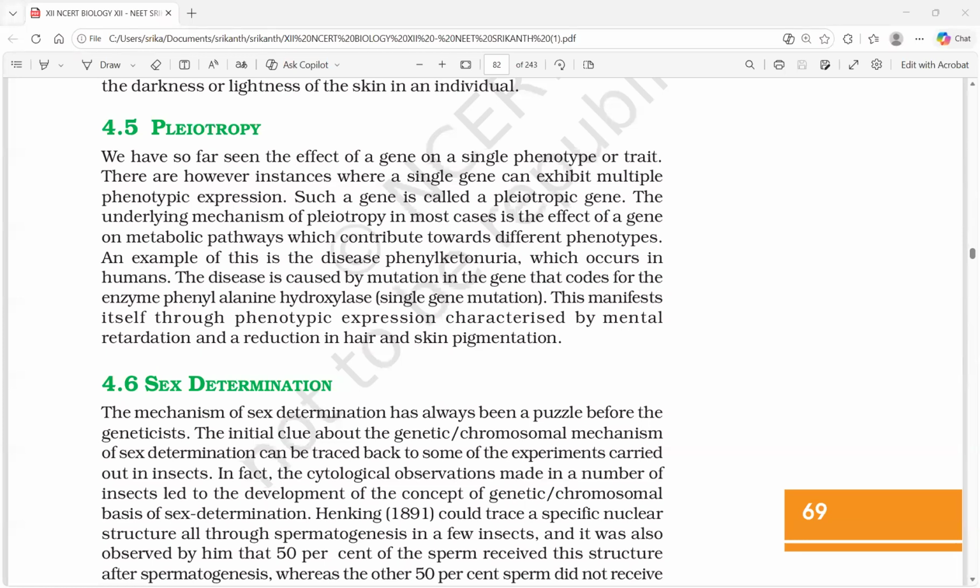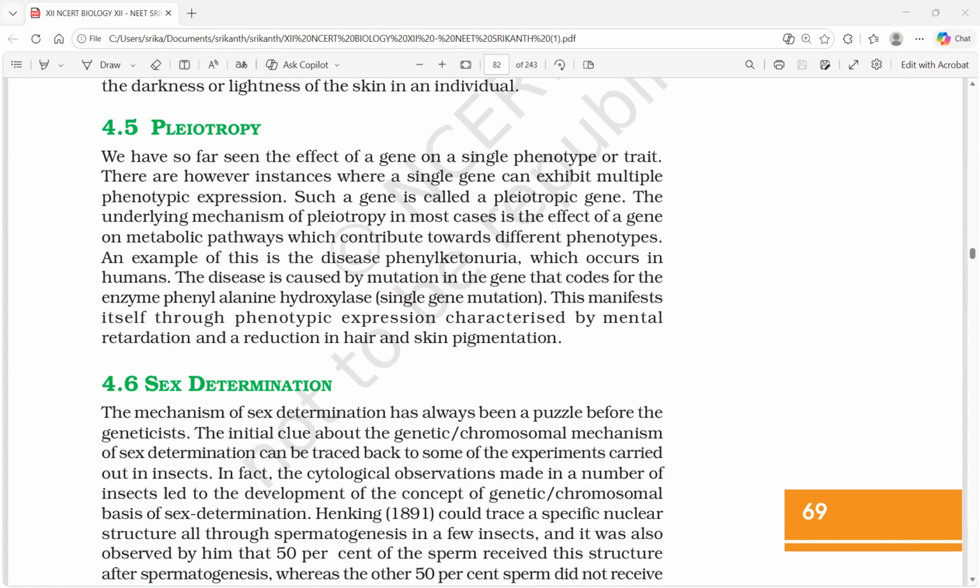If a mutation happens in this particular gene, the phenylalanine hydroxylase gene, you can't produce this enzyme. That means you can't convert phenylalanine into tyrosine. If you can't convert phenylalanine into tyrosine, you can expect phenylalanine accumulation in the human body.